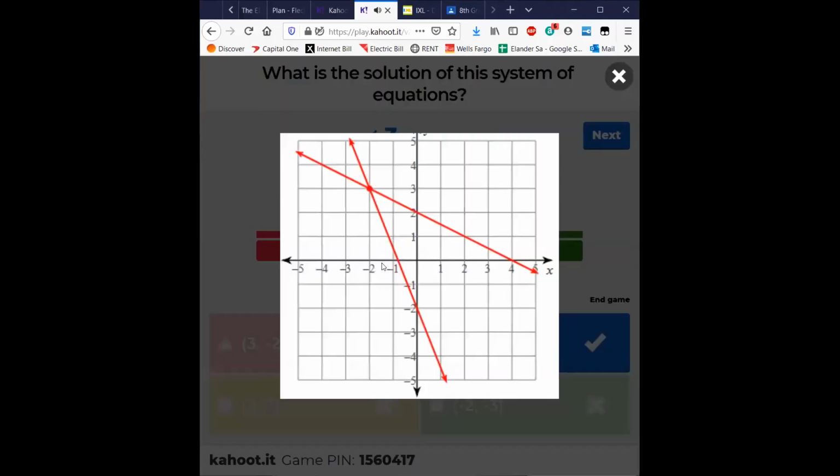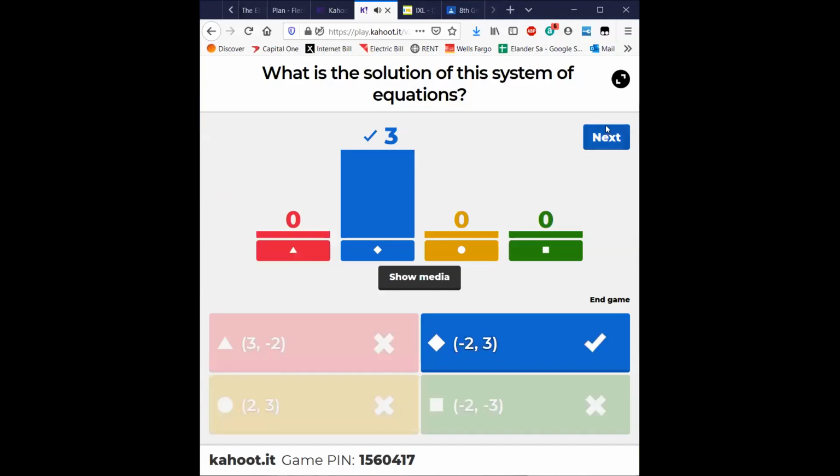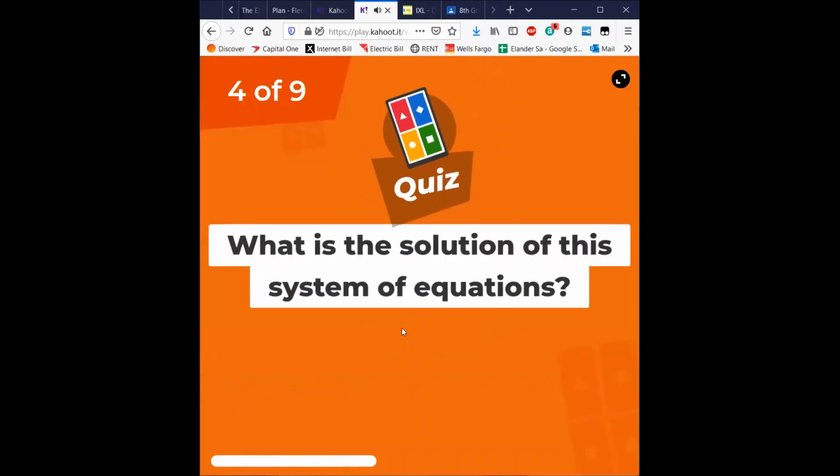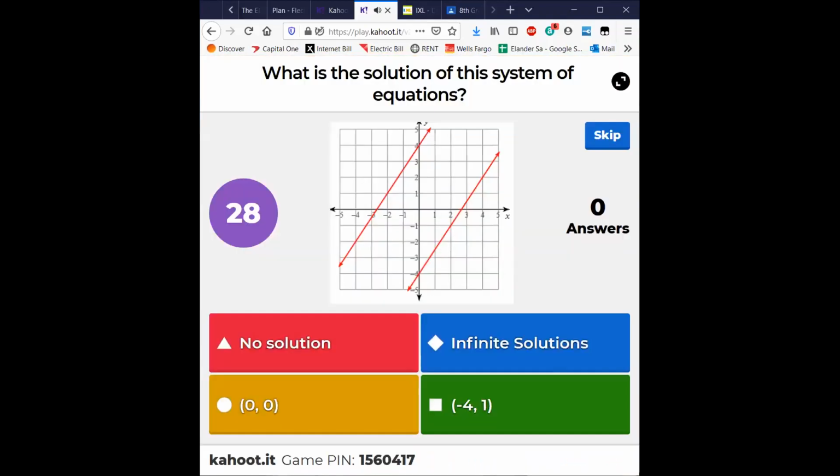Good job. -2 comma 3. All right, what is the solution of this system of equations?